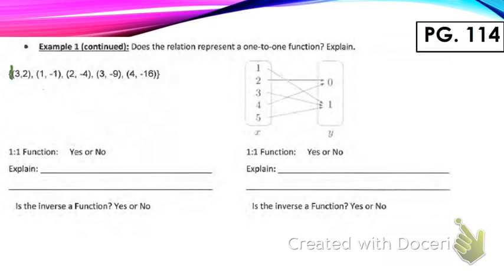So look at the x's. Do any of my x values repeat? Yes. Which one? 3 repeats. So I have the same x value, different y's. So is it a function?